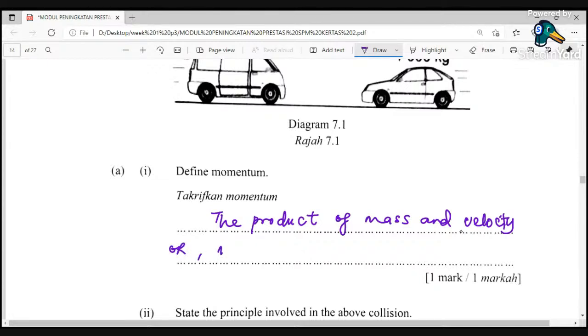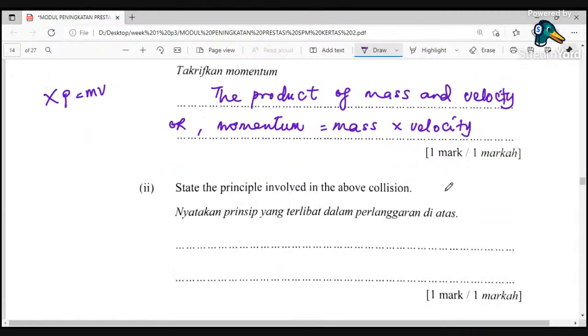Okay, momentum equals to mass multiply velocity. Cuma jangan tulis EMV sahaja. Kena define semua simbol. State principle involved in the above collision, principle of conservation of momentum.